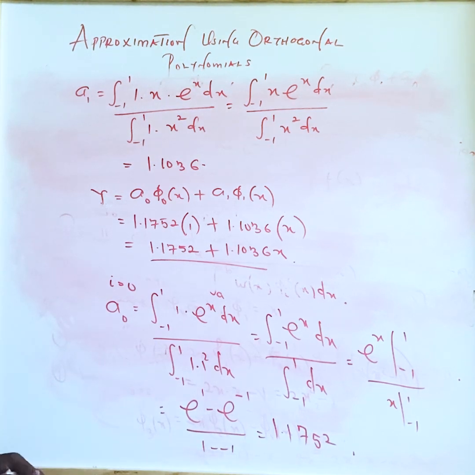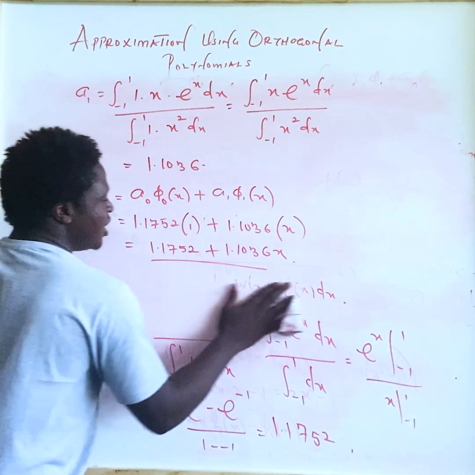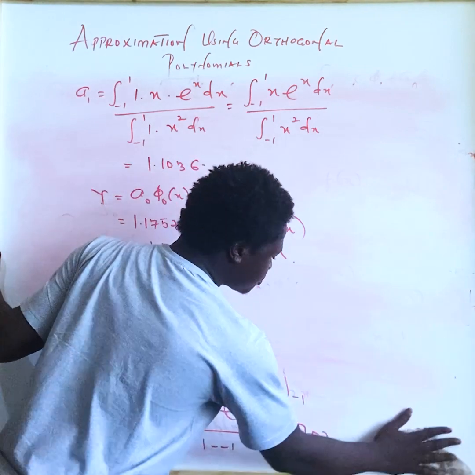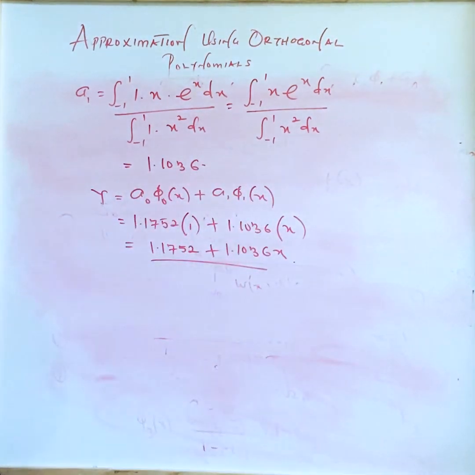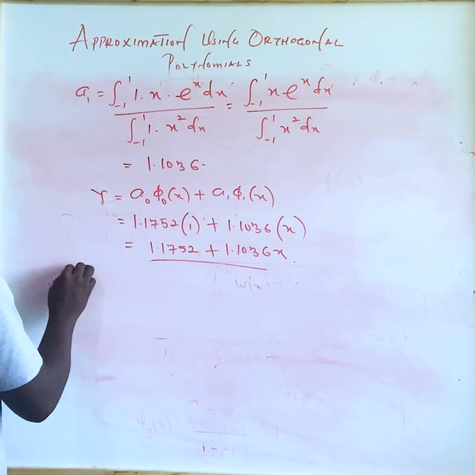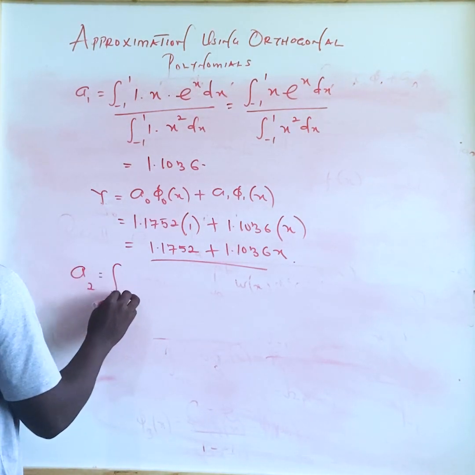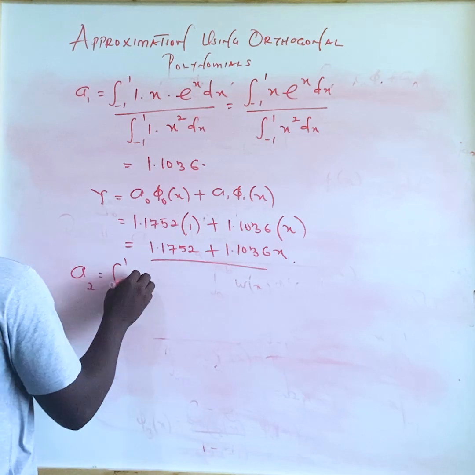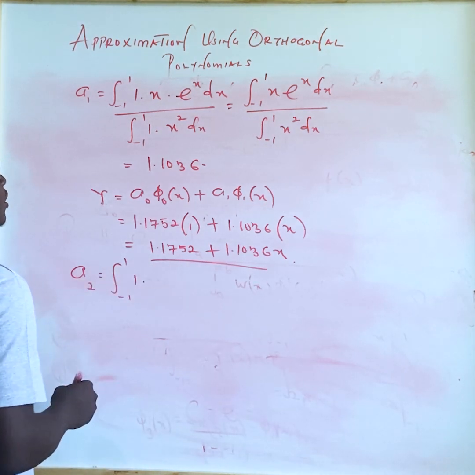So the second part asks us to get the quadratic polynomial that approximates this. So it means that we need to get a particular a2. Once we get the a2, we can combine it with what we know already, and that produces the polynomial. So our a2 will be the integral from minus 1 to 1 times phi 2.